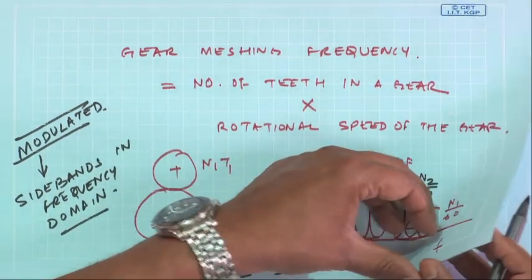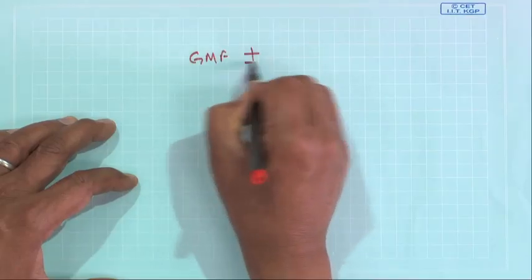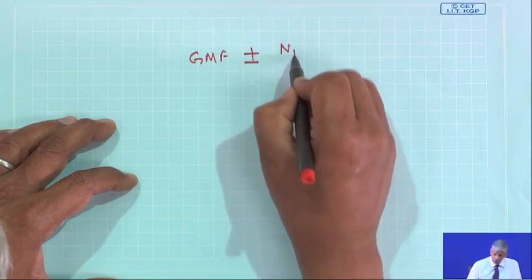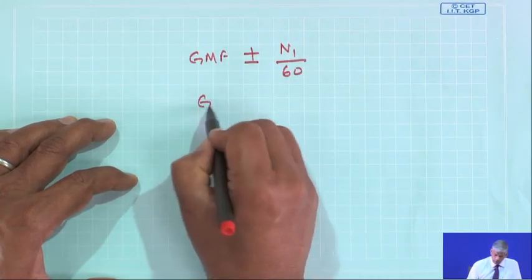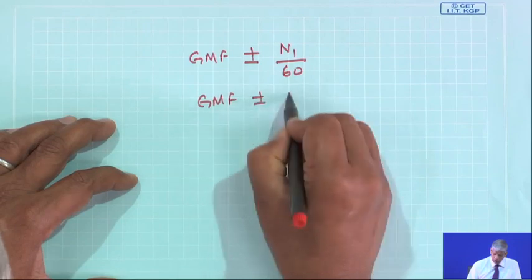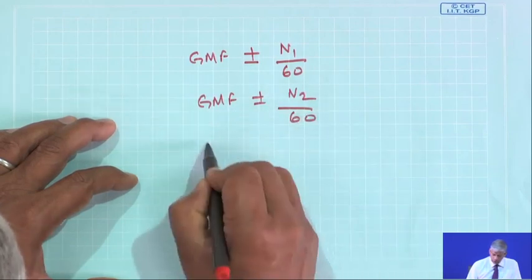So, I will have in a gearbox vibration spectrum, GMF plus minus N1 by 60, GMF plus minus N2 by 60 and GMF.